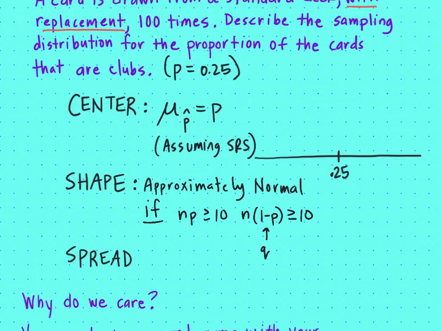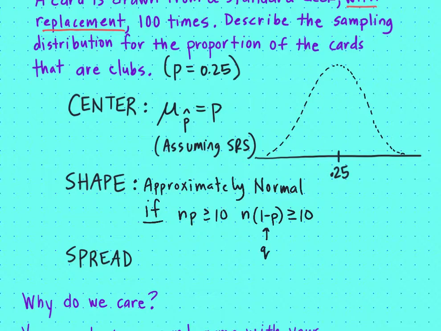So that tells me this distribution should follow an approximately normal shape. So we have the center, which is at the true value, and the shape, which is approximately normal. That just means when all of our dots start grouping together around that 0.25, the further we get from 0.25, the less likely they will be, and they will fill in that bell normal shape.